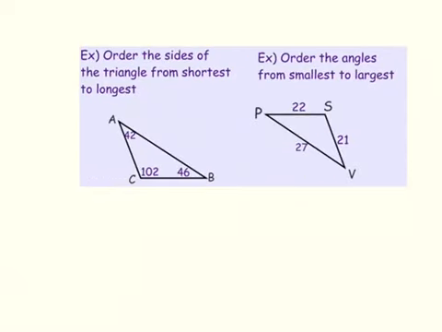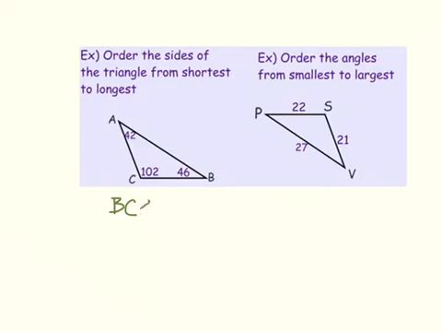And so we could actually put these sides in order from smallest to greatest. The smallest side would be opposite the smallest angle. The smallest angle is angle A, and so the shortest side will be BC.